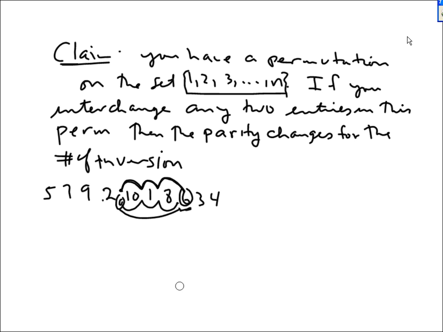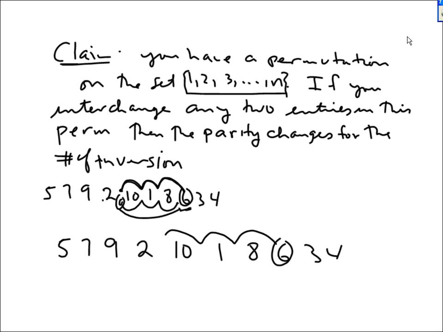But you may say, but what is he talking about? He didn't switch the 6 into 2. Absolutely right. You have 5, 7, 9, 2, 10, 1, 8, 6, 3, 4. You move this 1, 2, 3 places.